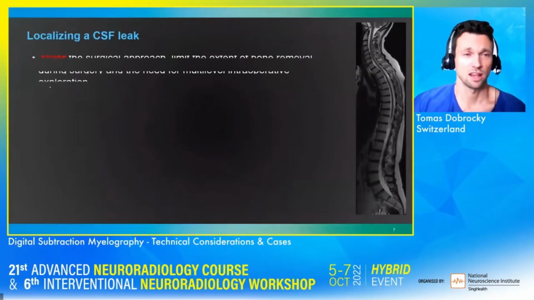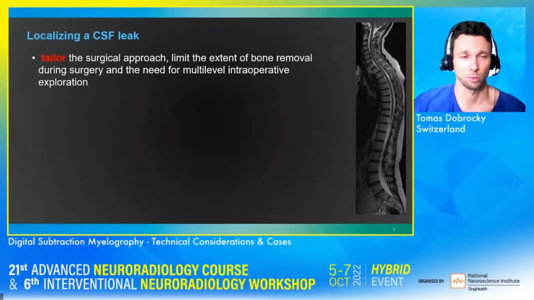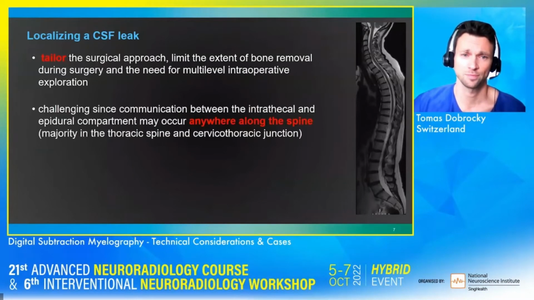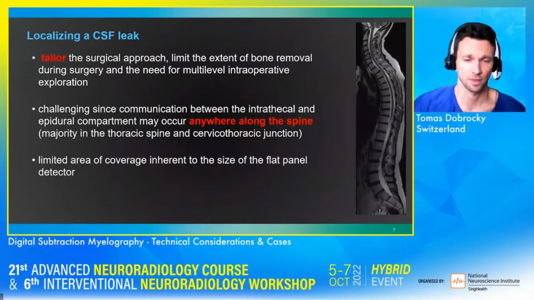What are the challenges we face when we want to localize the CSF leak? First of all, the objective is to tailor the surgical approach, or have a target for blood patching. And this is challenging since the leak can occur anywhere along the entire spine, even though most leaks are at the level of the thoracic spine or cervicothoracic junction.